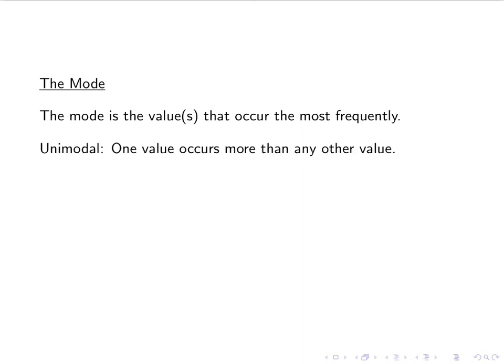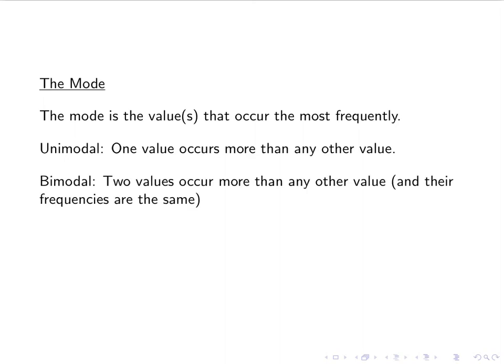The last one we're going to look at is the mode. The mode is the value or values that occur the most frequently. We have a couple of different options. We can have a data set that is called unimodal, which means there's one value that occurs more than any other value. We can have a set that's called bimodal, so there are two values that occur more than any other value, and those two values occur the same number of times.